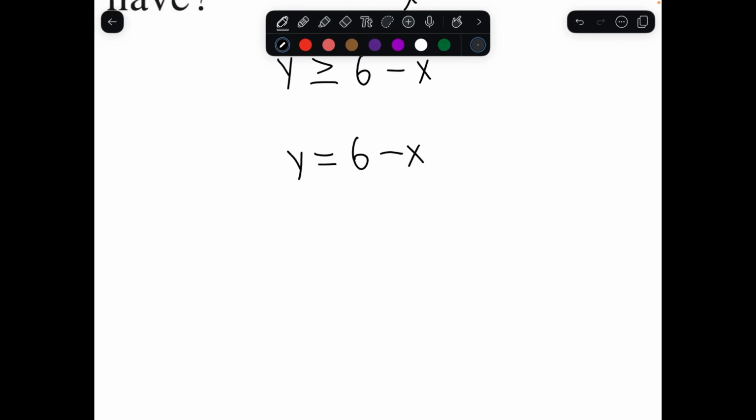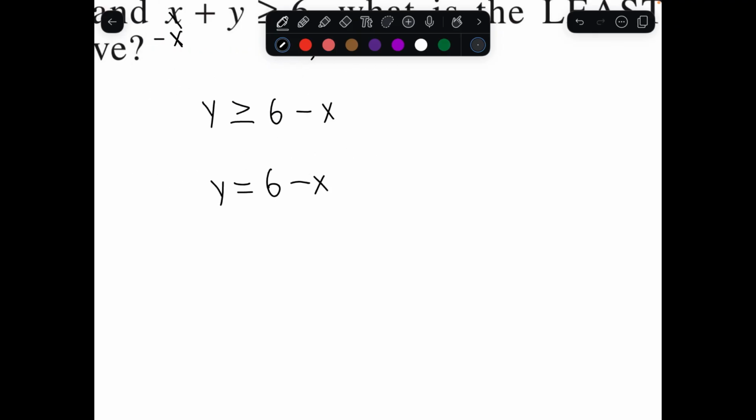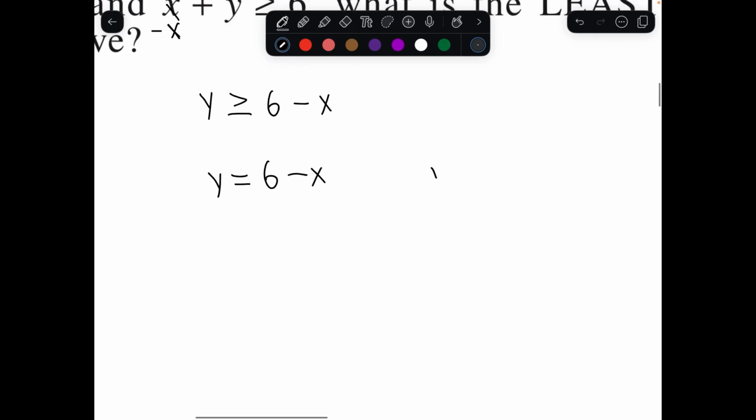So let's say I had x equals 1. My value of y would be 6 minus 1, which would be 5. But if I increase the value of x to 3, my value of y would be 3.